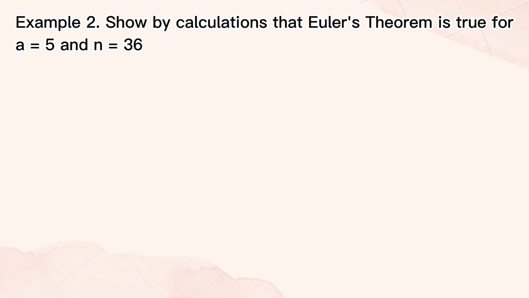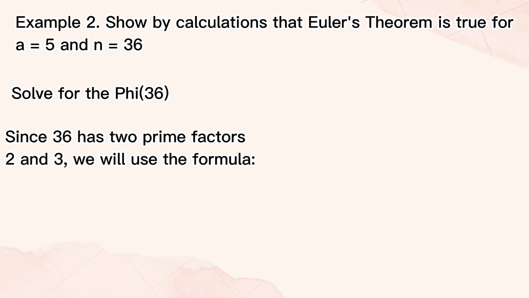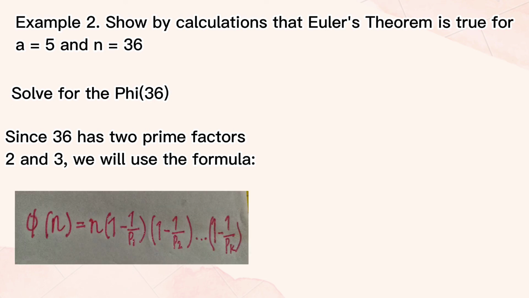Example number 2. Show by calculation that Euler's theorem is true for a equal to 5 and n equal to 36. First, we need to solve for the phi of 36. Since 36 has two prime factors, which are 2 and 3, we will use the formula of phi of n is equal to n times 1 minus 1 over p sub 1 times 1 minus 1 over p sub 2, and the product continues until 1 minus 1 over p sub k.